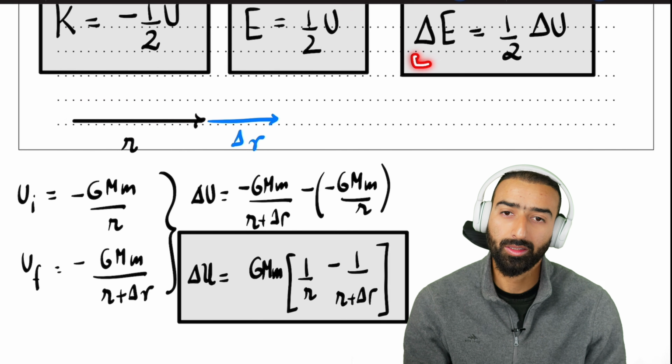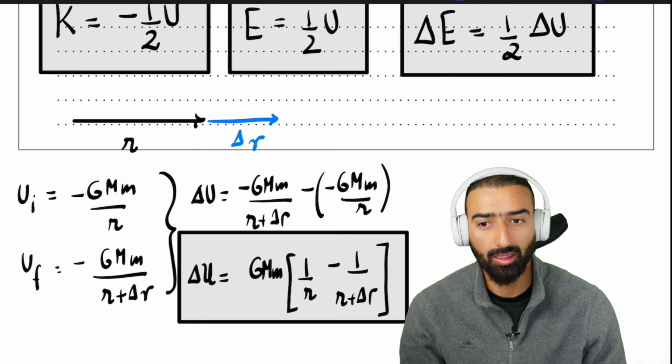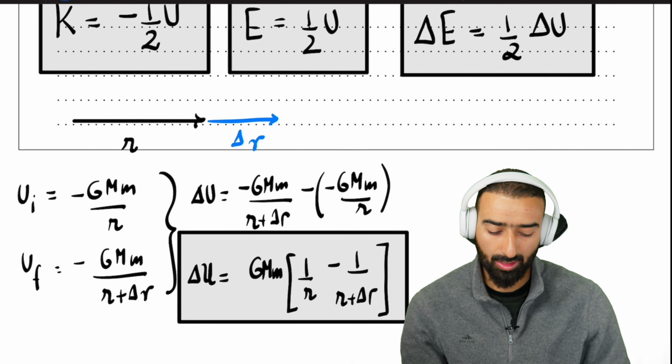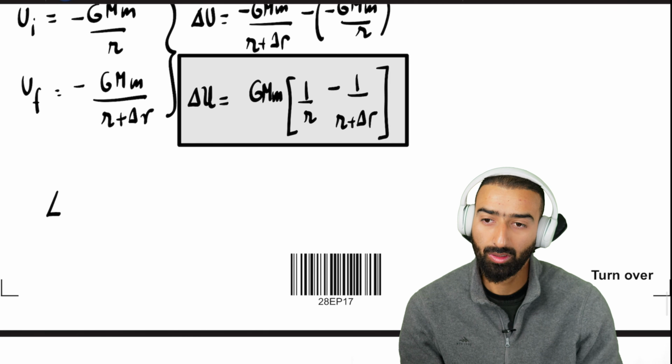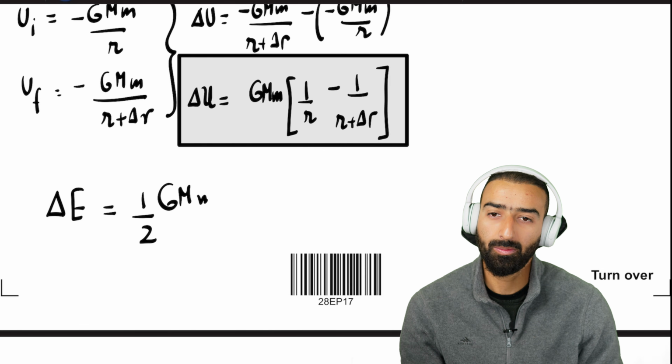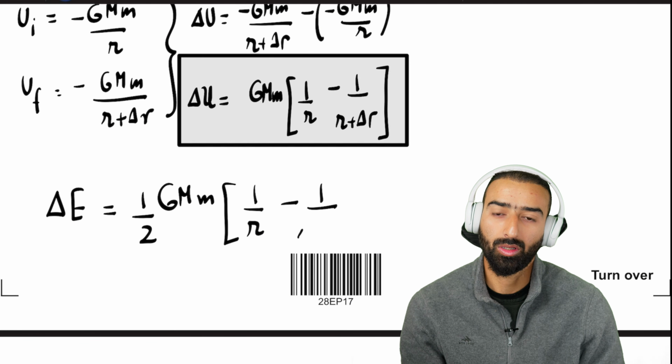But we want to find the change in the total mechanical energy. That means we have to multiply the change in potential energy by half. Therefore, our final equation would be: change in the mechanical energy is half GMm times 1 over r minus 1 over r plus delta r.